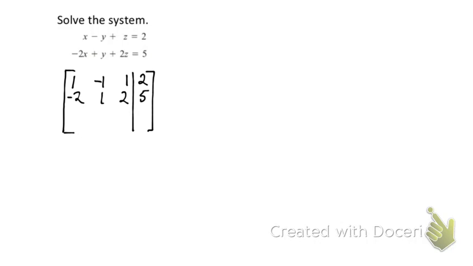So I'm going to make my third equation. My third equation would have 0 x's, 0 y's, 0 z's, equaling 0. So how can you even do that? Because they didn't give you the third equation.